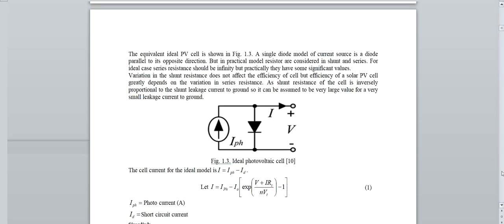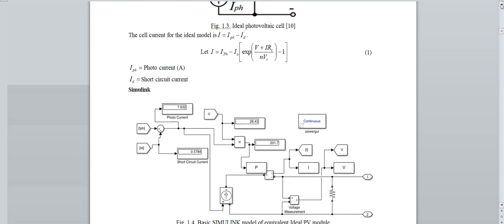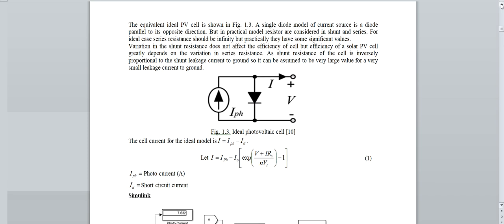First one is the single diode model. This is the single diode model of an ideal photo cell, and this is the equation of this ideal current. Here Iph means photo current and Id is short circuit current.